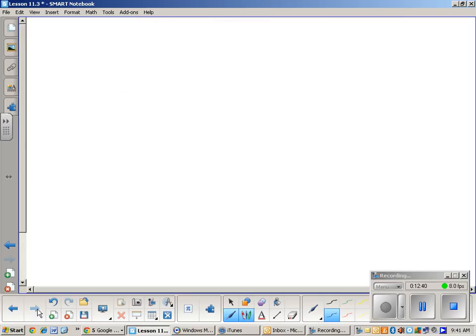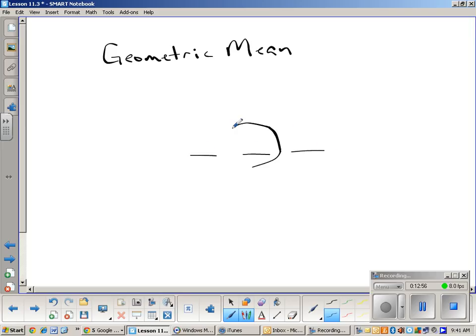Yesterday we did arithmetic mean. Today we're doing geometric mean. Yesterday, if we had 3 terms here, we were looking for the arithmetic mean. What did we do to find it? I added the first and the third, and divided by 2, and that gave me the middle term.